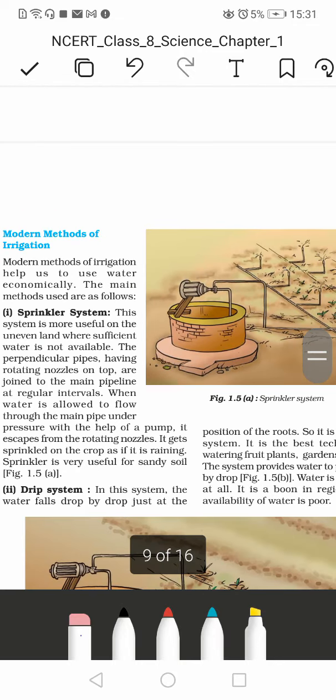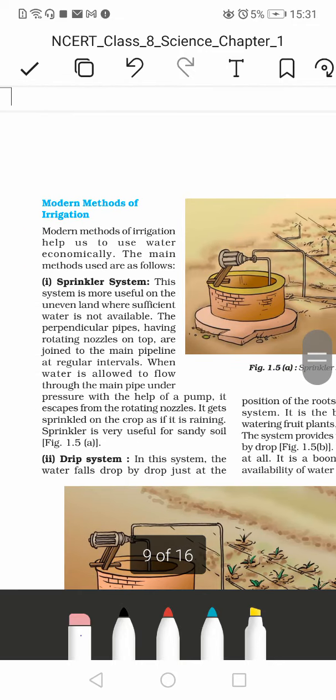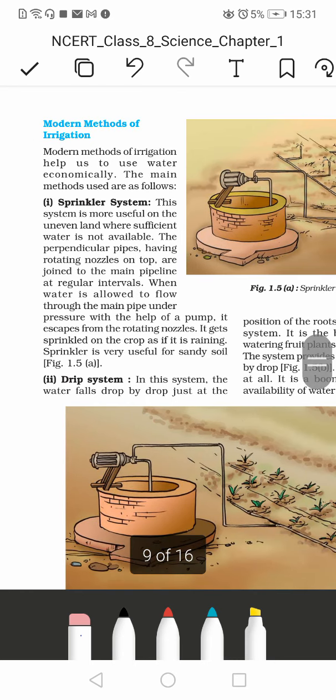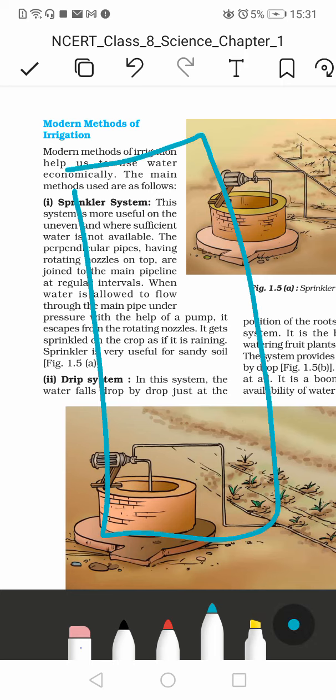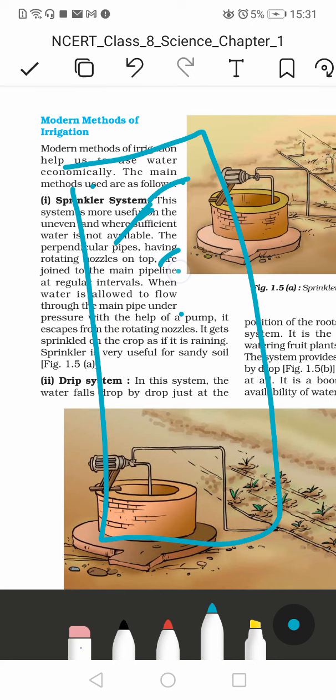Let's move on. Modern methods of irrigation. Those traditional methods we used to use before, now we're using modern methods. Modern methods of irrigation help us to use water economically. The main methods are the following. Sprinkler system. You might have seen, in a garden, early morning, 5 or 6 o'clock, a sprinkler system.